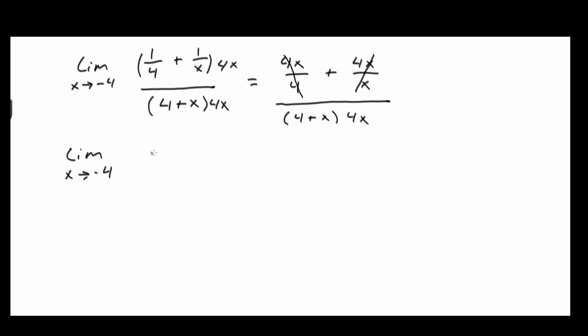That gives us x plus 4 over (4 + x) times 4x. So these cancel, and you end up getting 1 over 4x, which once we plug in this value here, we'll get a negative 1 over 16.